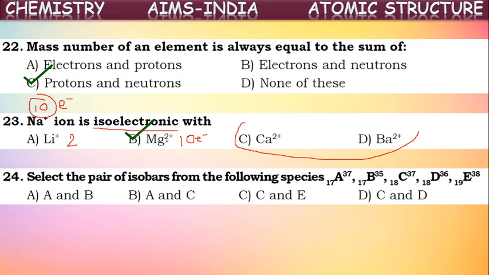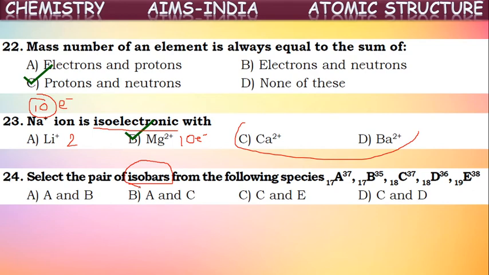Next, select the pair of isobars from the following species. So they're asking to find out the isobaric pair. What is meant by isobars? Isobars means atoms with the same mass number but different atomic numbers. They should have the same mass number.